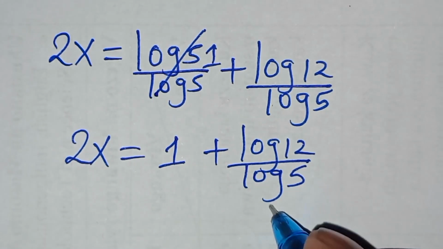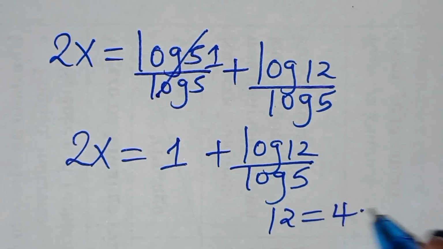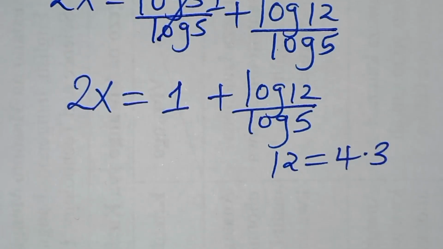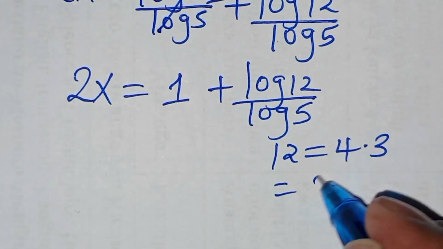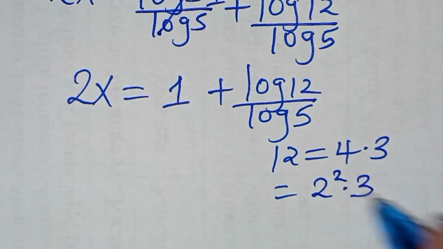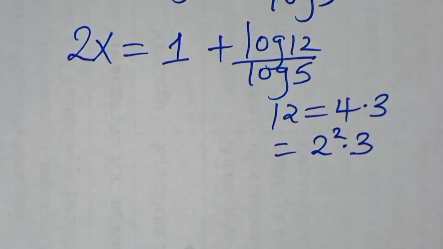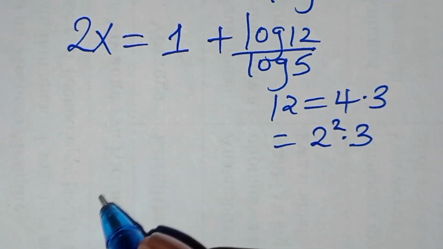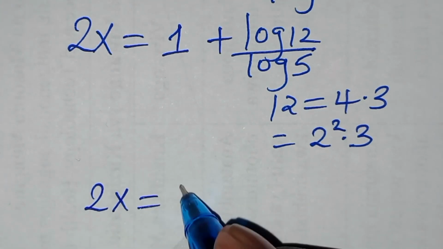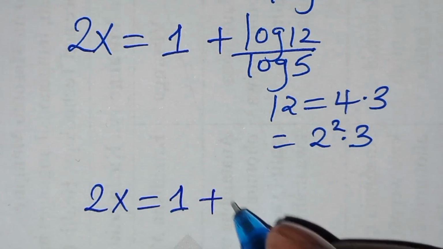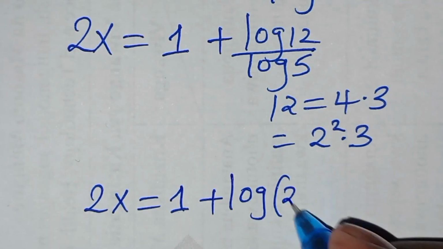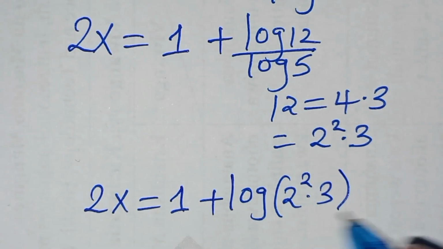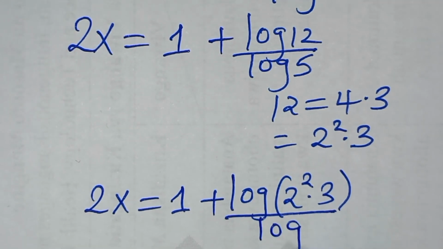We can express 12 basically as 4 times 3, which is the same thing as 2 to the power 2 times 3. So now substituting this, we'll have 2x. This is equal to 1 plus log 2 to the power 2 times 3 divided by log 5.